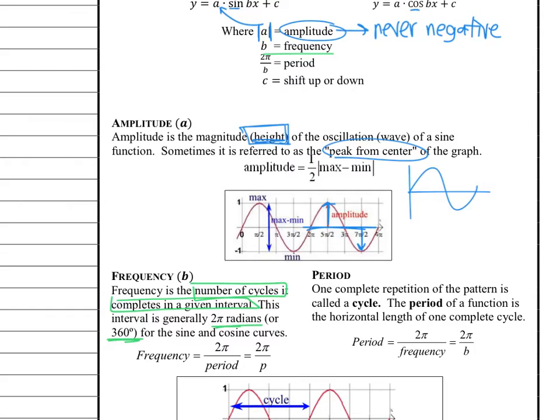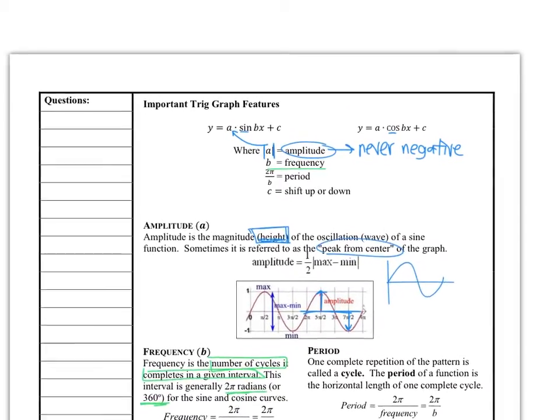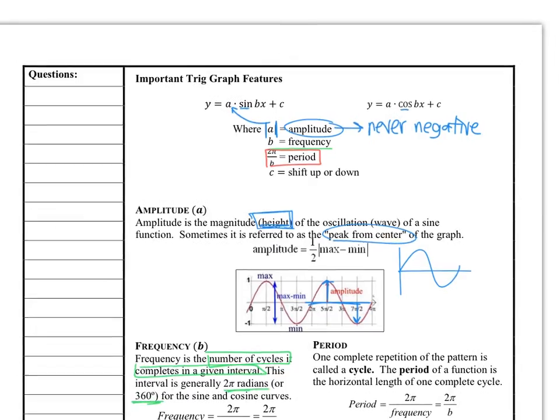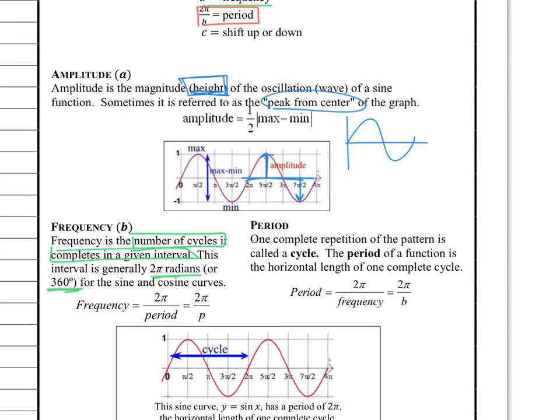And then the next one that we have is 2 pi over B. So 2 pi over B gives us the period. Period is how long one cycle is. So if I look over here, it says one complete repetition of the pattern is called a cycle. The period of the function is the horizontal length of one cycle. So how long one cycle is.